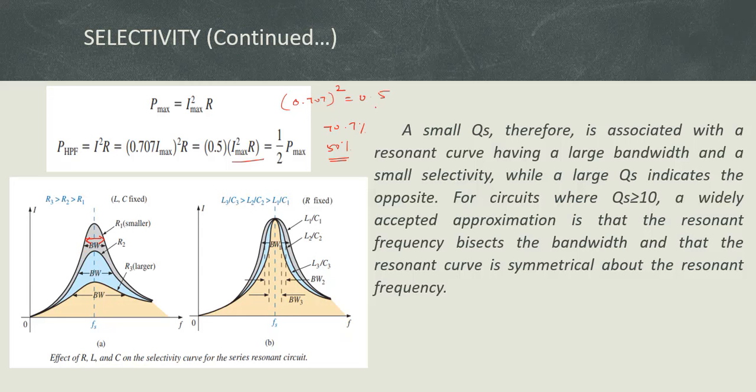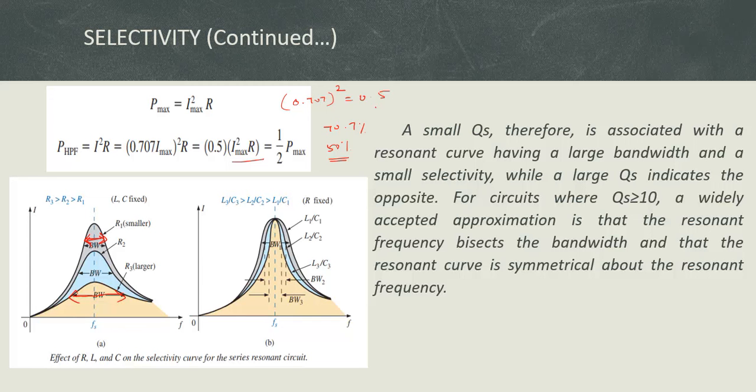If I want to select an exact or particular element, then selectivity is very necessary. The smaller this gap is, the more the selectivity is greatly improved. Suppose the bandwidth is increased like this, with a very long width, then the selectivity is somewhat missing.